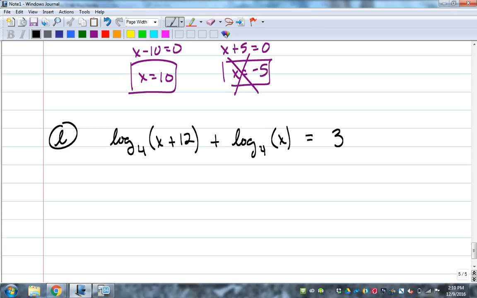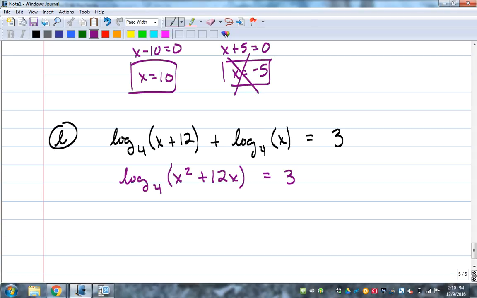What do we do? Well, how's it condense? It comes together in multiplication, so it's x times x plus 12. So it'd be x squared plus 12x with the log base 4. The log doesn't change there, just the stuff inside that we're taking the log of. And since it's addition, we're multiplying.